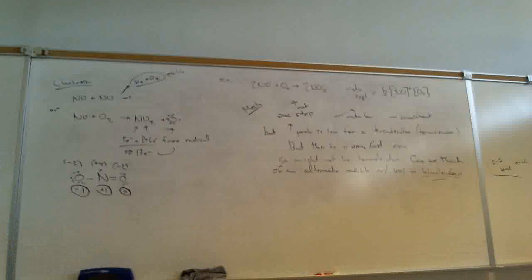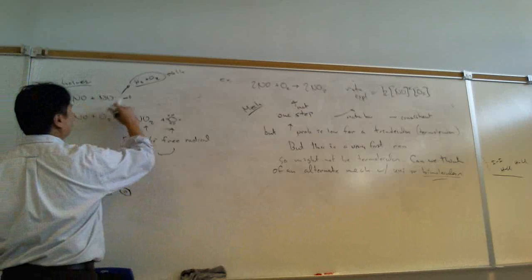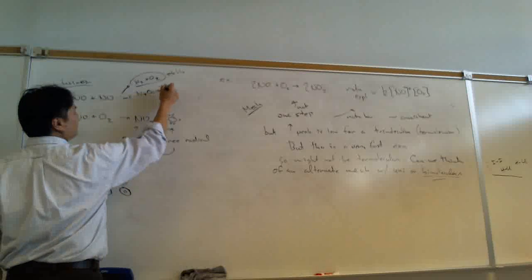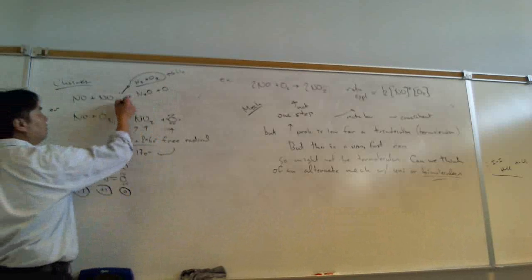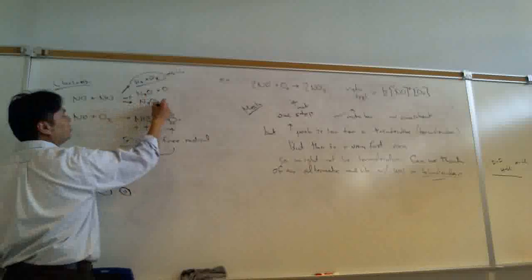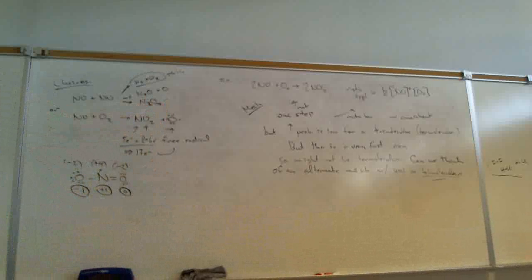What else could you form if 2 NOs collide? Maybe you could form nitrous oxide plus a free radical oxygen, right? That might be. Or you might form N2O2. Have you ever seen N2O2 before? It was in one of the earlier chapters. Maybe it was N2O4.